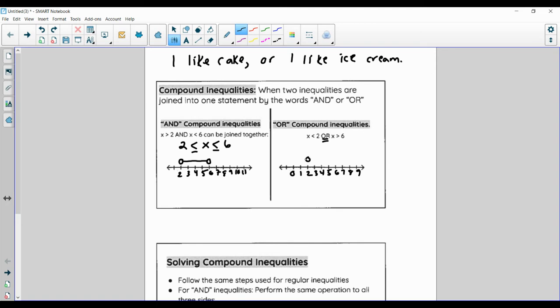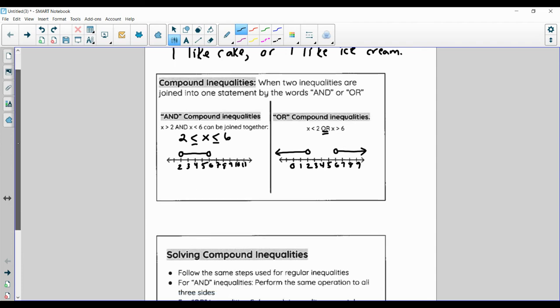So numbers that are less than 2 are over here. So you can either be a number like 0 or 1, or numbers that are greater than 6 are over here, 7, 8, 9. One of these two lines can be your solution when you use the word or. So I always say it looks like two oars in a boat, like row, row, row your boat.